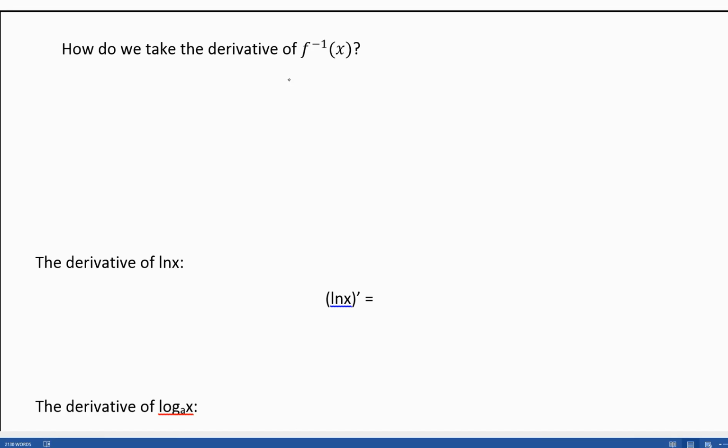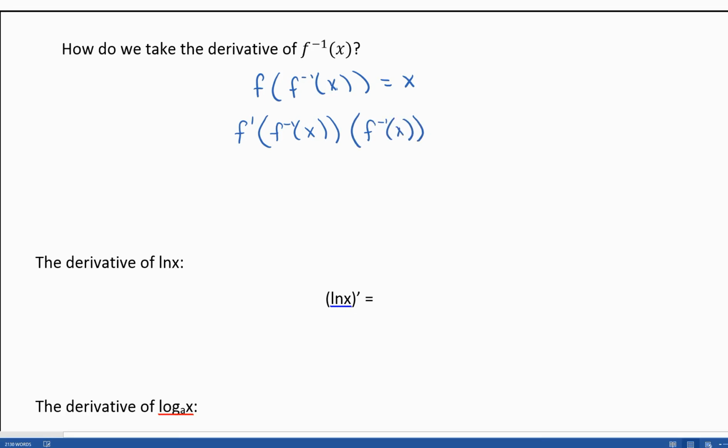Now the fundamental rule of a function and its inverse is that f composed with f inverse of x is just equal to x. So if we use that rule and take the derivative of both sides, we have to use the chain rule. The chain rule would say that f prime composed with f inverse of x times the derivative of f inverse of x, so we'll just call that f inverse of x prime, is equal to the derivative of x, which is 1.